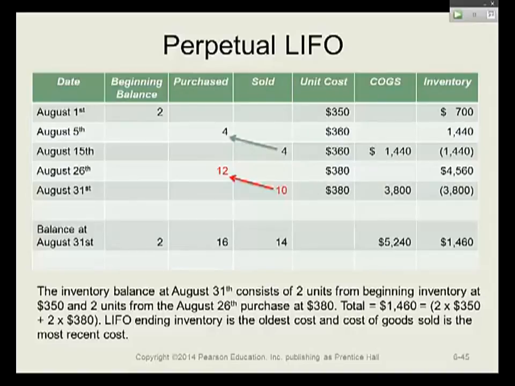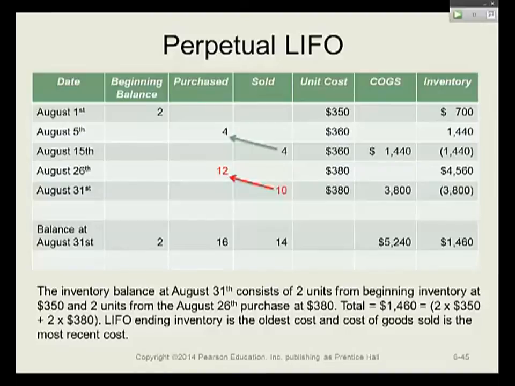Also, you have a lower ending inventory. We'll get back into these comparisons a bit later, but again, the method will still allocate the total of 6,700.